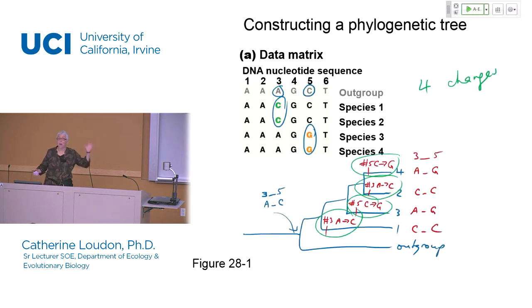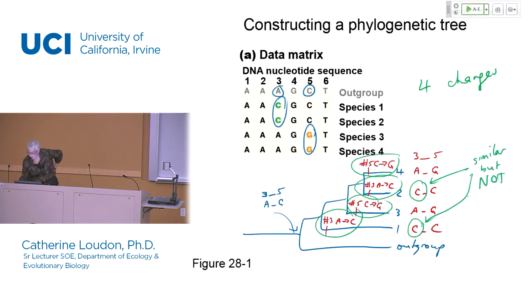If we look at our alternative explanation here, again, here's C and C at position 3, but now it's no longer homologous. So these are similar, but not homologous, because having C at nucleotide position 3 is not caused by shared ancestry.